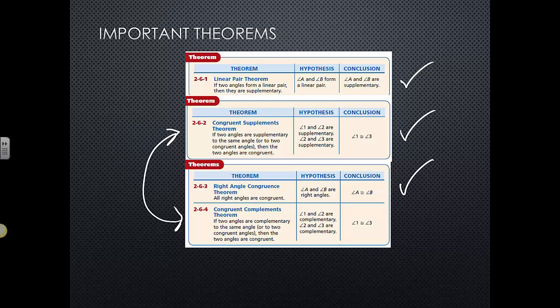Those two say very similar things. And it says if two angles are complementary to the same angle or two congruent angles, then the two angles are congruent. So it would read, if angle 1 and angle 2 are complementary and angle 2 and angle 3 are complementary, then it's safe to say that angle 1 is congruent to angle 3. So those are the four important theorems for this section.